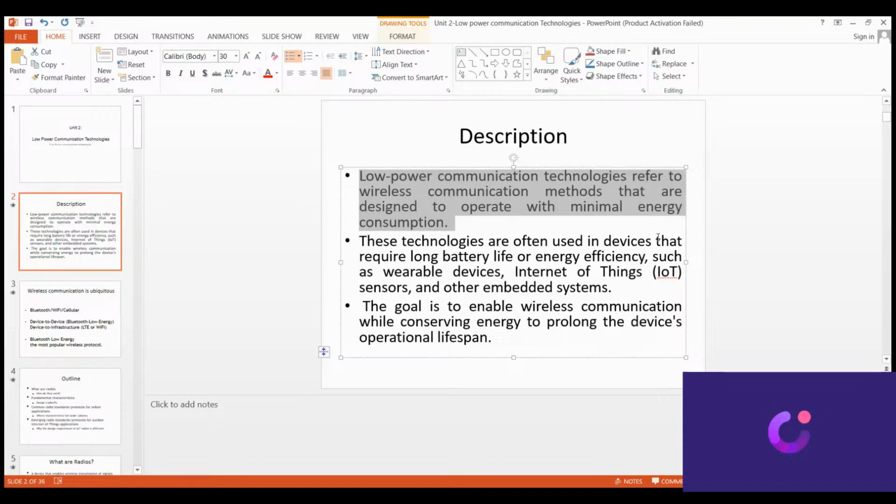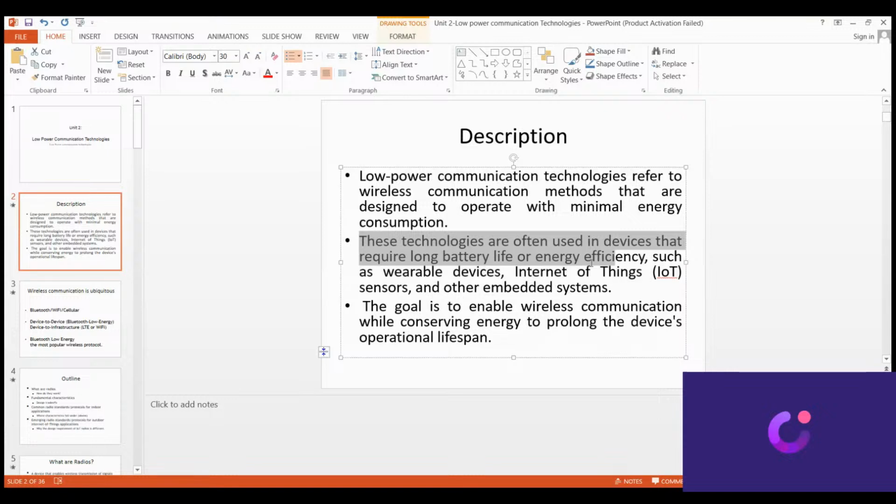They are wireless communication methods, designed in a way that they can only make use of low energy.